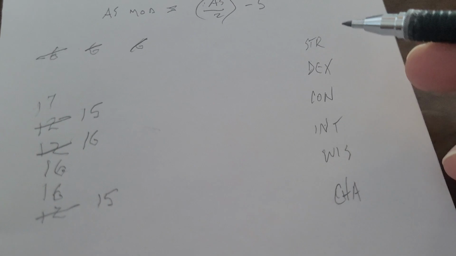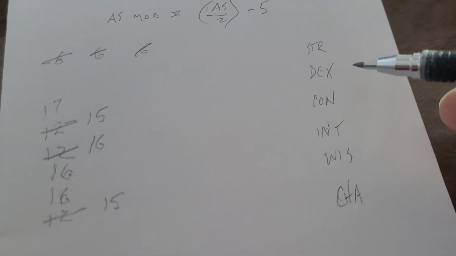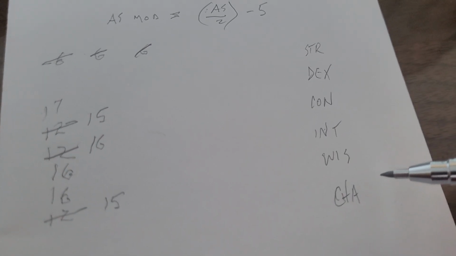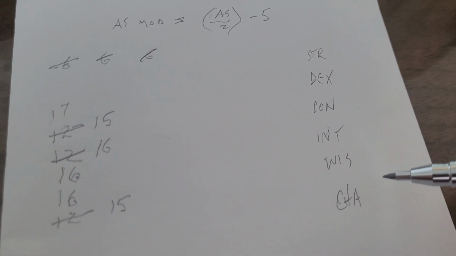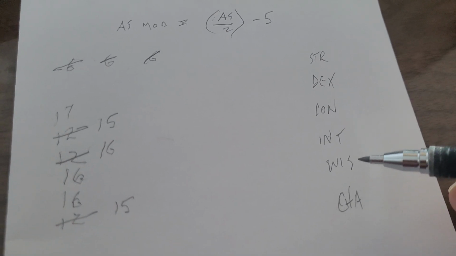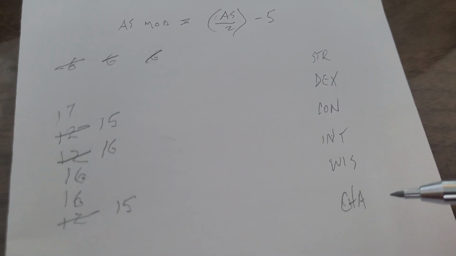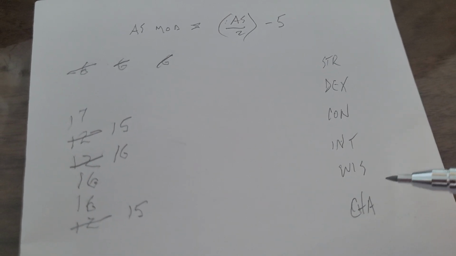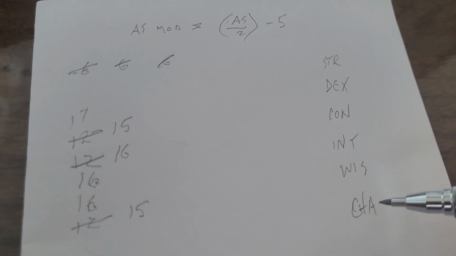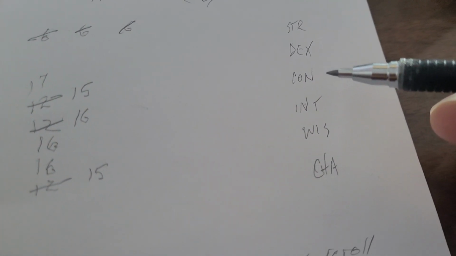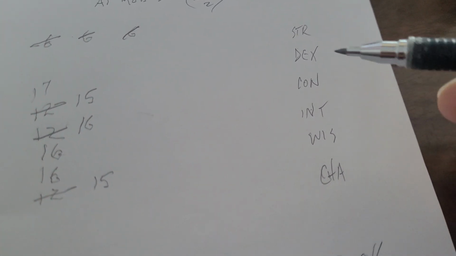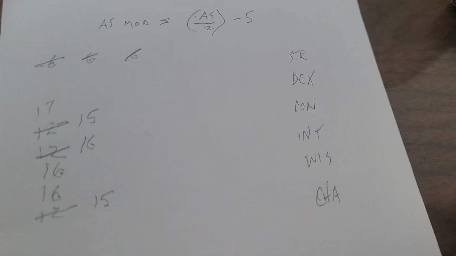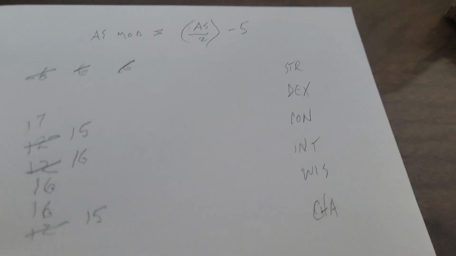If you have a rogue, you might want to concentrate on dexterity, and most casters that are not a wizard, usually it's charisma, like bards, rogues. Charisma is their main ability score. So that leaves you with your constitution, intelligence, and wisdom as ones that tend to vary depending on what kind of character you want to have. So anyway, you would put in your numbers.